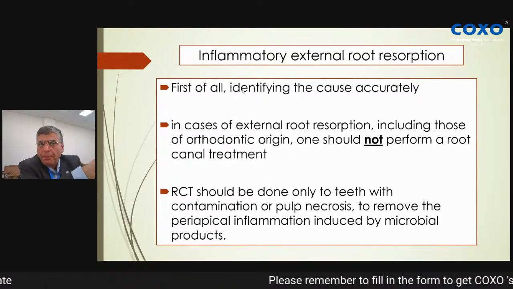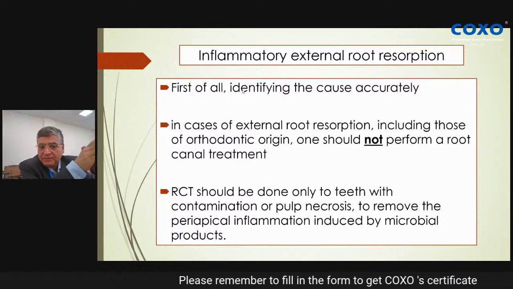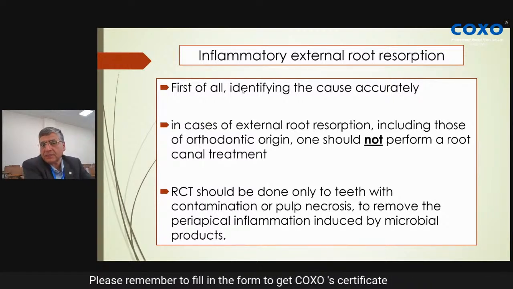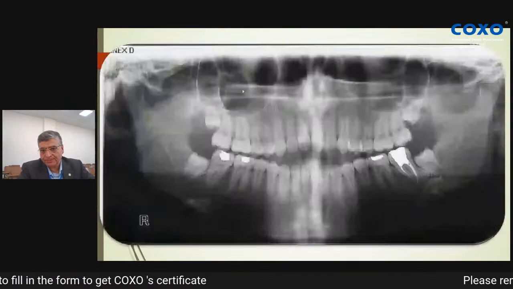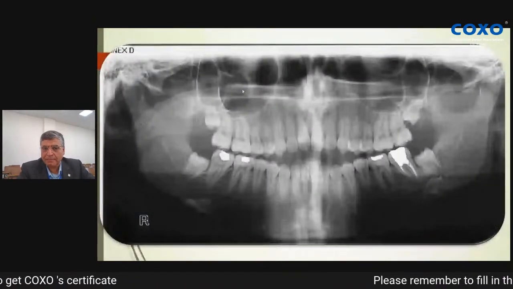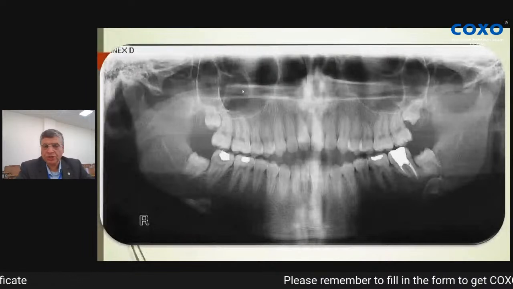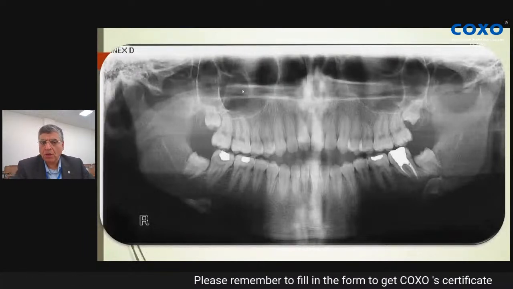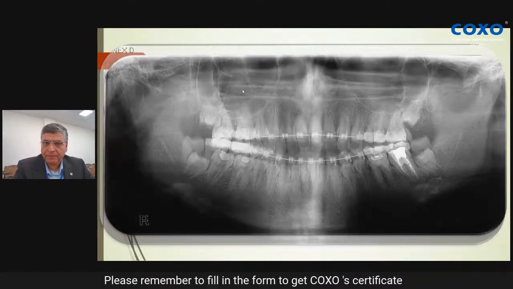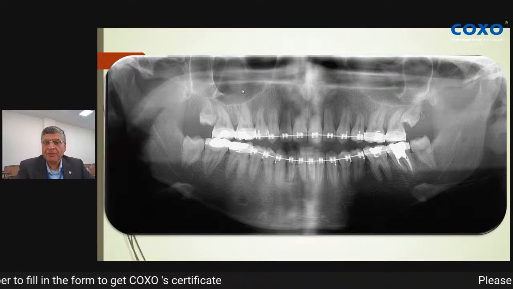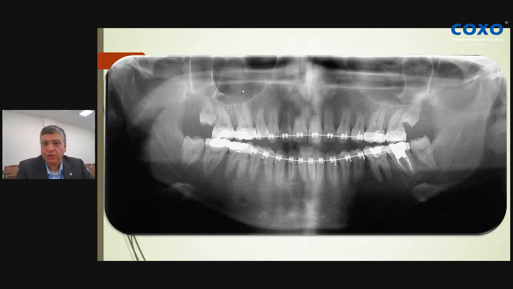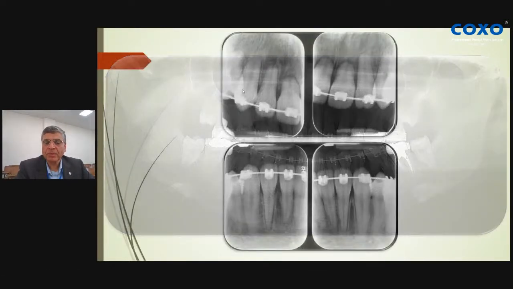Diagnosis, use of proper instruments for a good diagnosis, is the key to success in the treatment of inflammatory external root resorption. So this is a case, this is a sample. Prior to initiation of orthodontic treatment, orthodontists evaluate everything. And then during the orthodontic treatment, this inflammatory resorption was initiated.